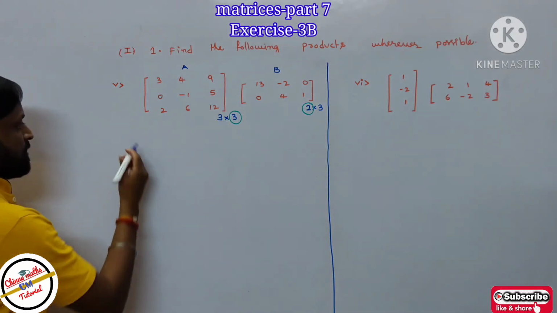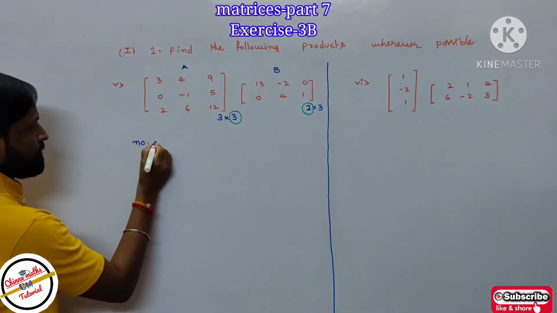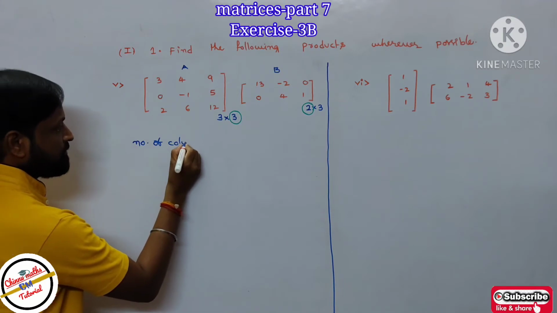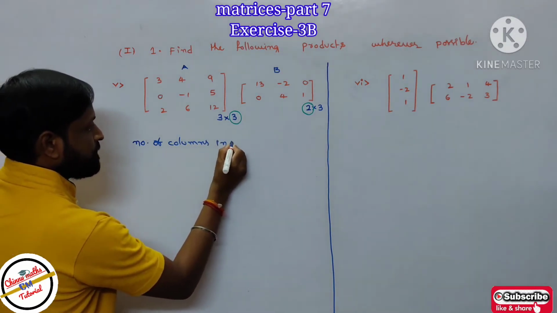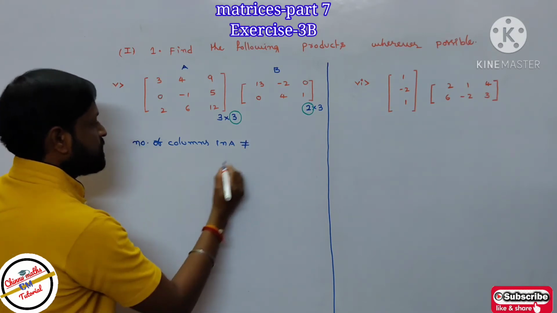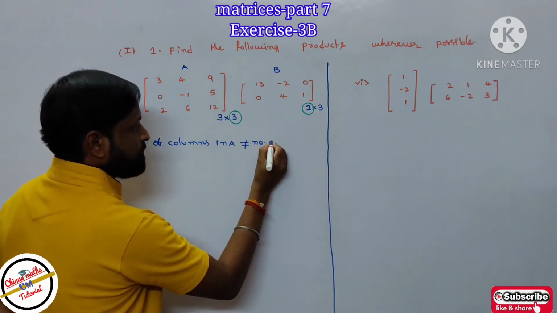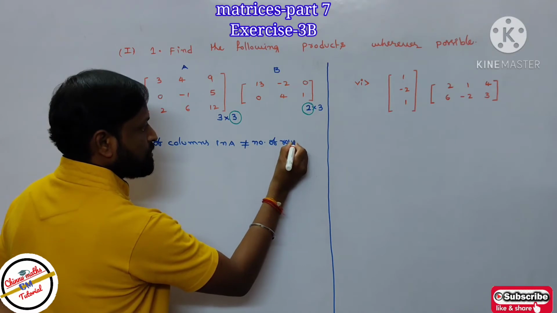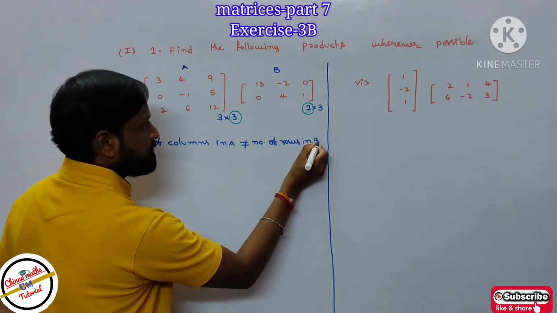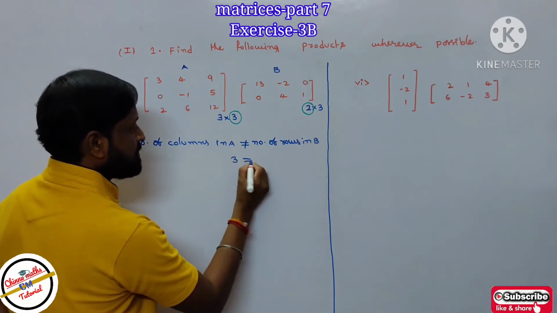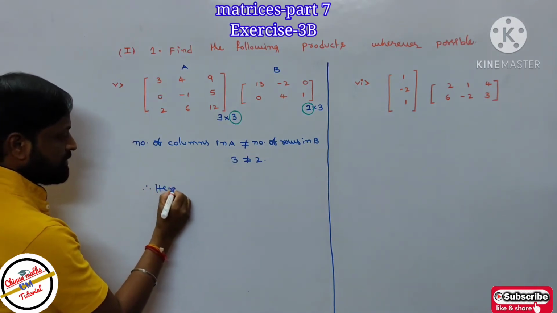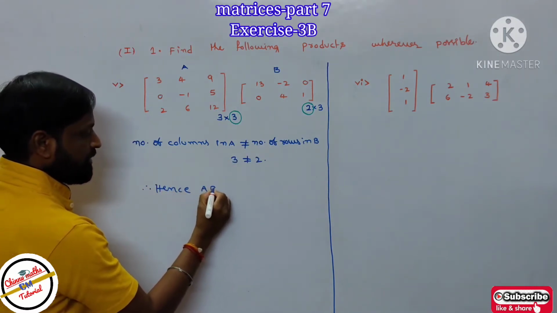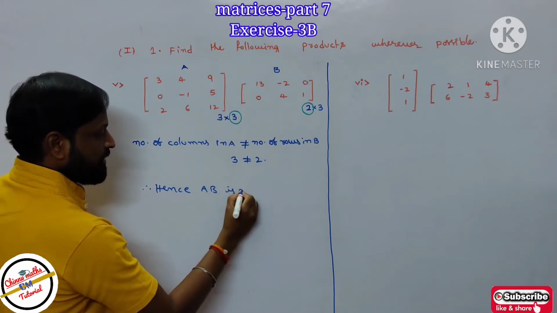So the number of columns in A is not equal to the number of rows in B. So that means 3 is not equal to 2. Hence the product AB is not defined.